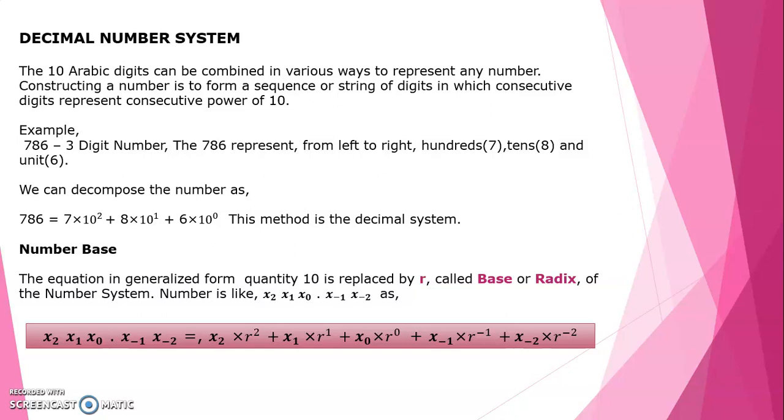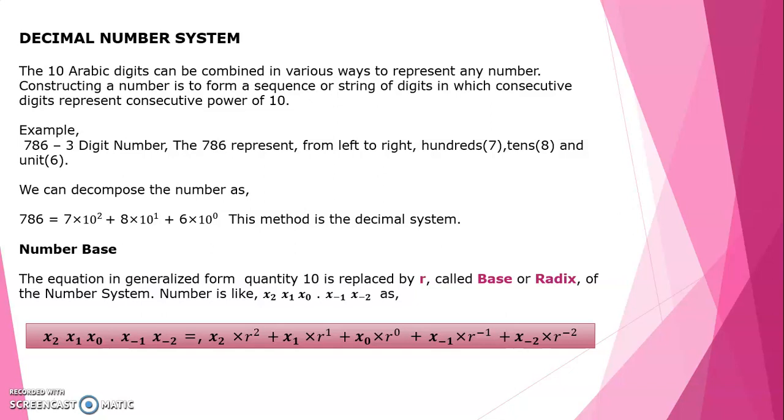Decimal number system. In a decimal number system, 10 digits can be combined in various ways to represent any number. Constructing a number is to form a string of digits in which consecutive digits represent the power of 10. You can see the example of a 3-digit number 7, 8 and 6.